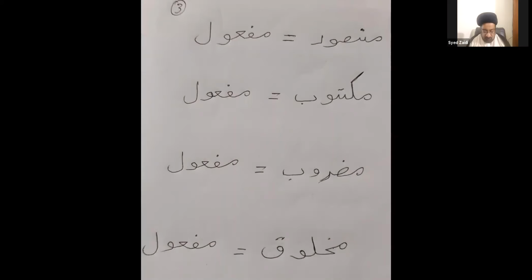So that's the basic idea of the templatic system.